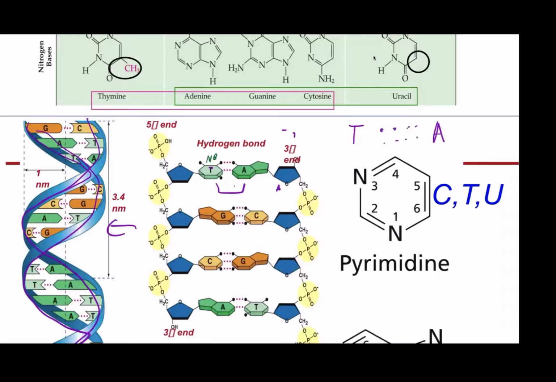These dotted lines are nothing but hydrogen bonds. G always pairs with C by 3 hydrogen bonds. So you can see 3 hydrogen bonds or 2 hydrogen bonds, right? And these hydrogen bonds are keeping these 2 strands together.